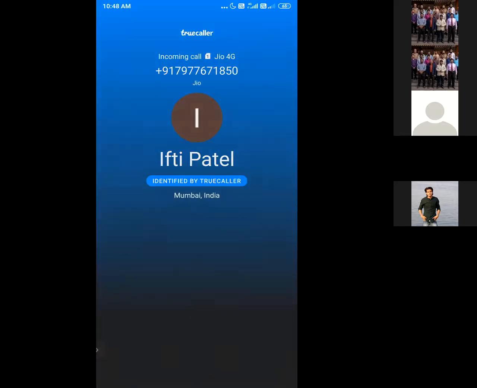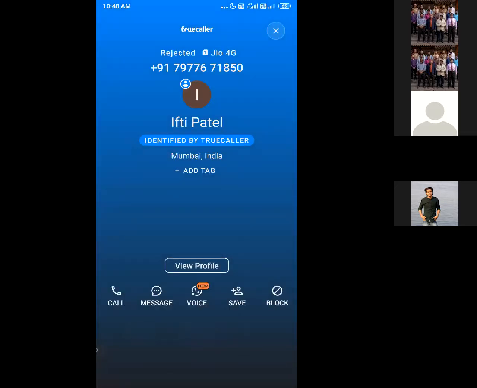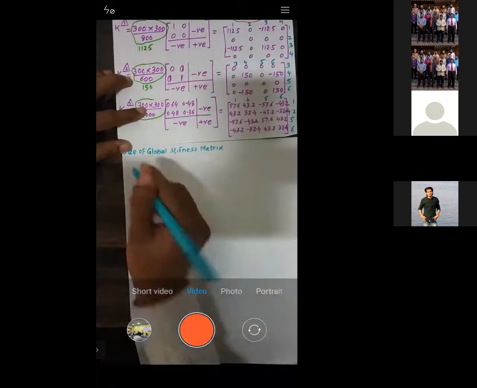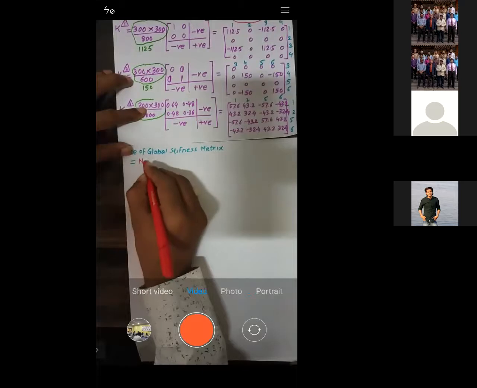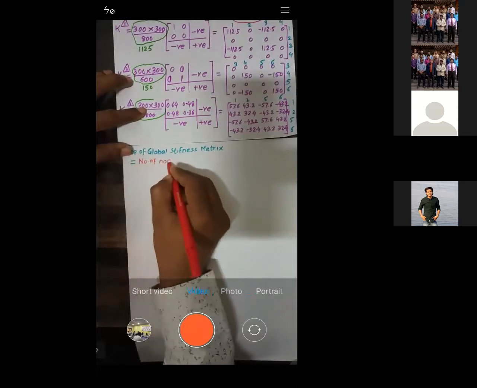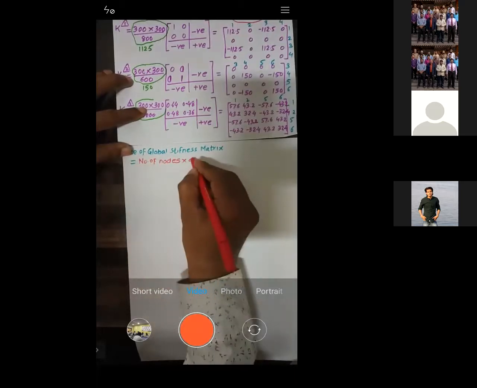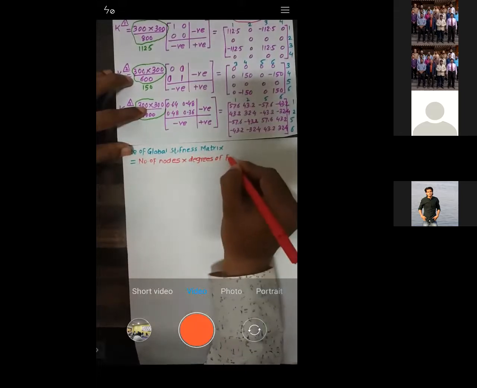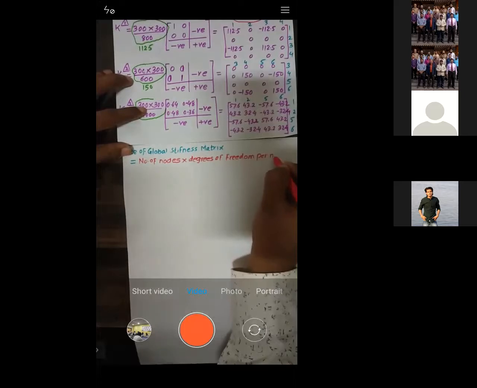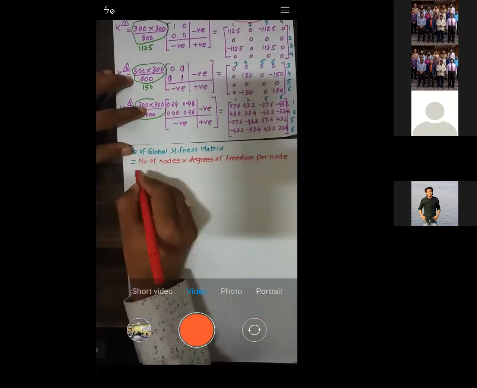How to determine the size? The size is given by the number of nodes multiplied by the degrees of freedom per node.